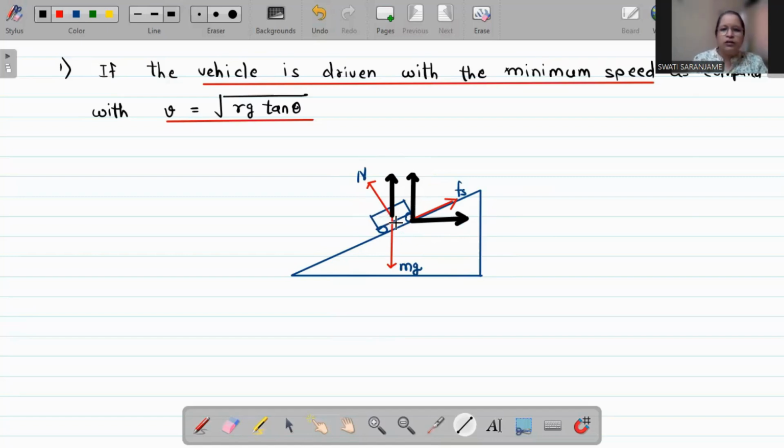Simultaneously, if we resolve the normal reaction, this component represents n sine theta. So let us label all these factors.